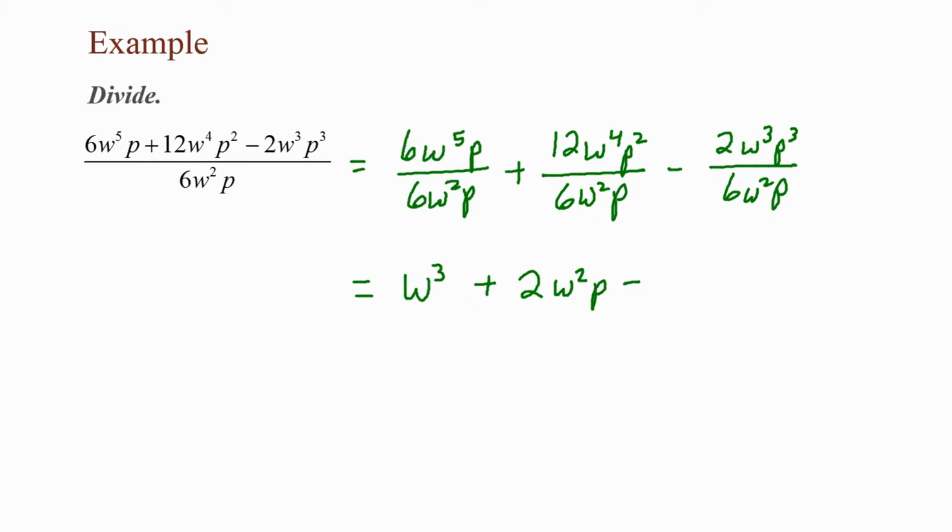Minus, 2 divided by 6 reduces to 1/3. W to the third divided by w squared is w, and then p to the third divided by p is p squared. So my final answer is w to the third plus 2w squared p minus 1/3 wp squared.